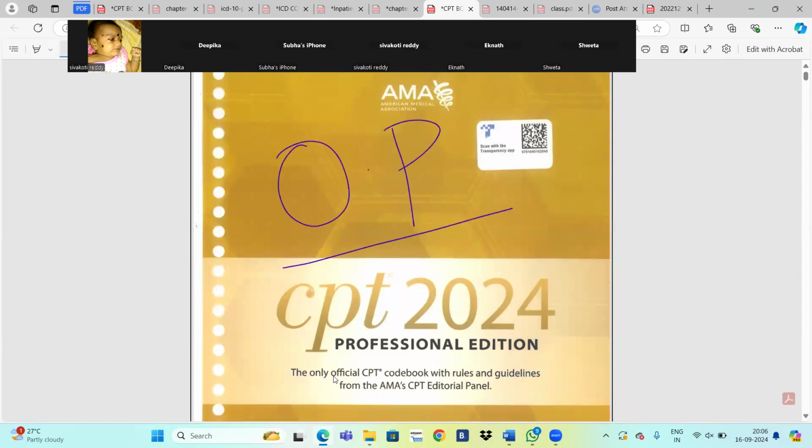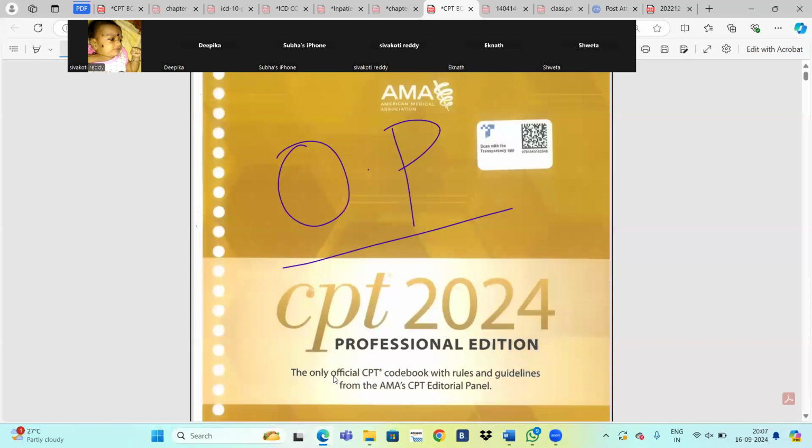For outpatient procedures, you will use this CPT 2024 book for procedure coding. For the outpatient department, if they have done a procedure, you need to use this CPT book.